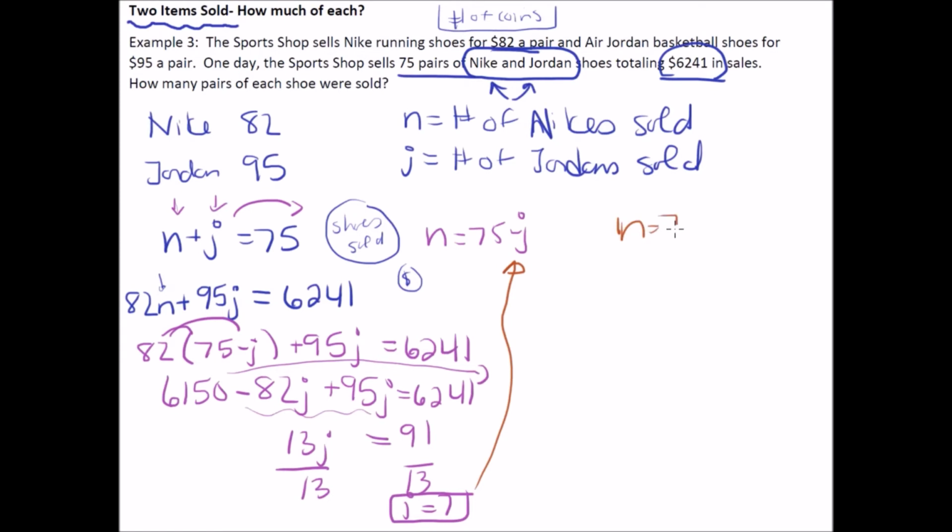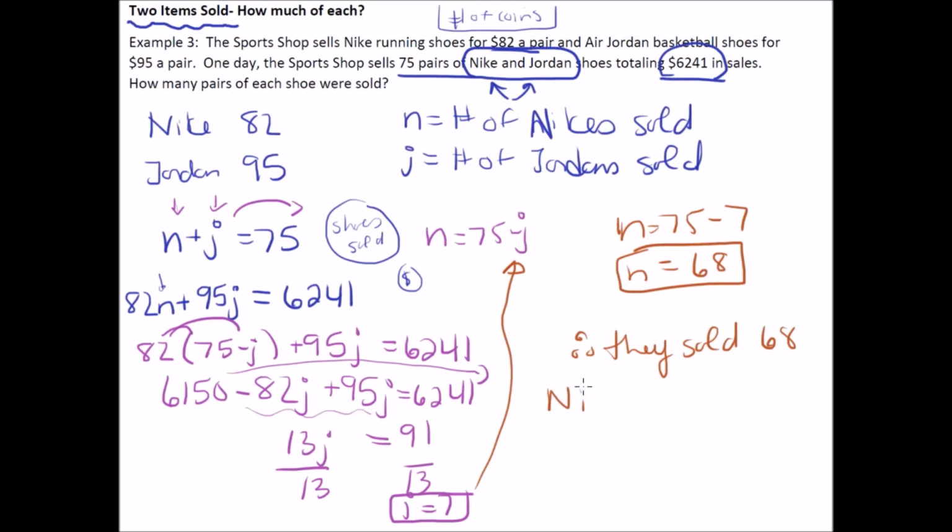So N equals 75 minus 7, and I get 68. Okay, so therefore, they sold 68 pairs of Nike shoes and 7 Jordans. That's what that point of intersection means.